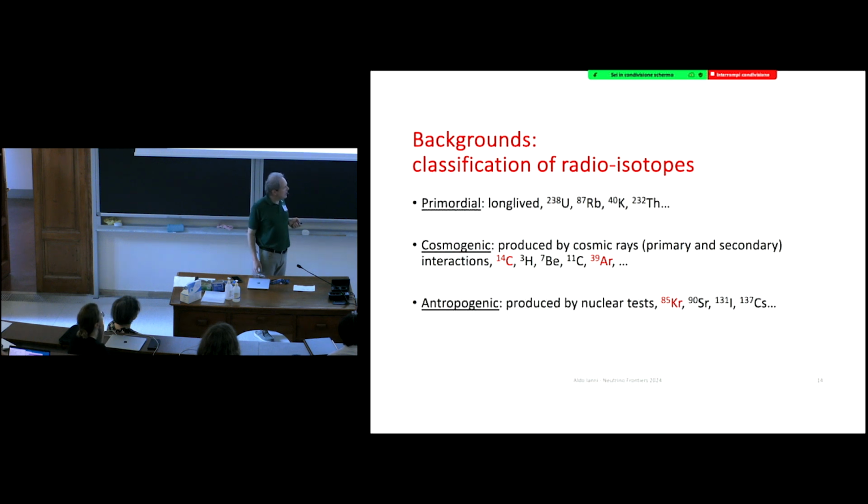Cosmogenic background is produced by cosmic rays in our detector. And anthropogenic, produced by nuclear tests after World War II, and they are propagating around, and they can contaminate, as indeed is the fact, our detectors, in particular krypton-85.